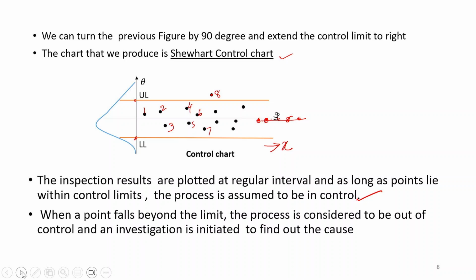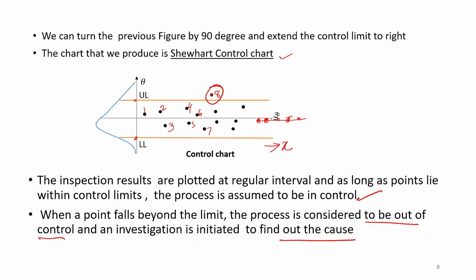When a point falls beyond the limit, then only there is an alarm in our mind that the process is considered to be out of control. Like here, the point number 8, shown by the red dot. This has gone beyond the upper control limit, and therefore we can say the process might have gone beyond control, and an investigation is initiated to find the cause of this.